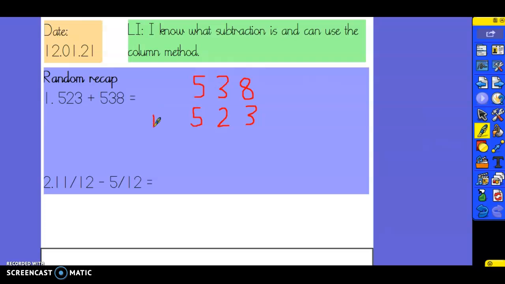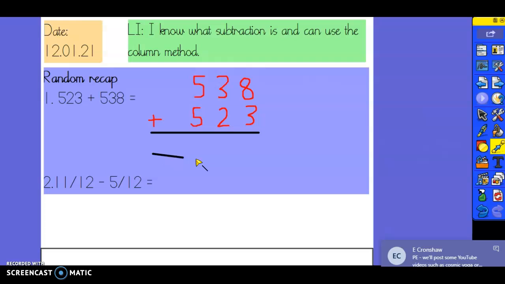Get your plus sign and your straight lines to create your answer bar.